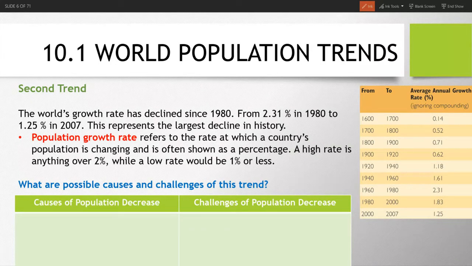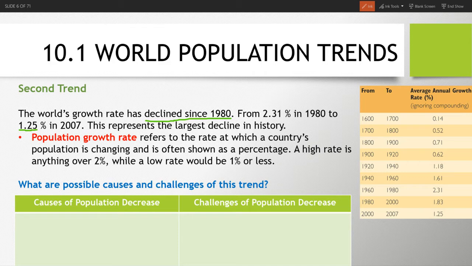The second trend is much more recent. The world's growth rate has declined since 1980. Okay, so what we note here is that in 1980, the growth rate was 2.31%, and that reduced to 1.25 in 2007.